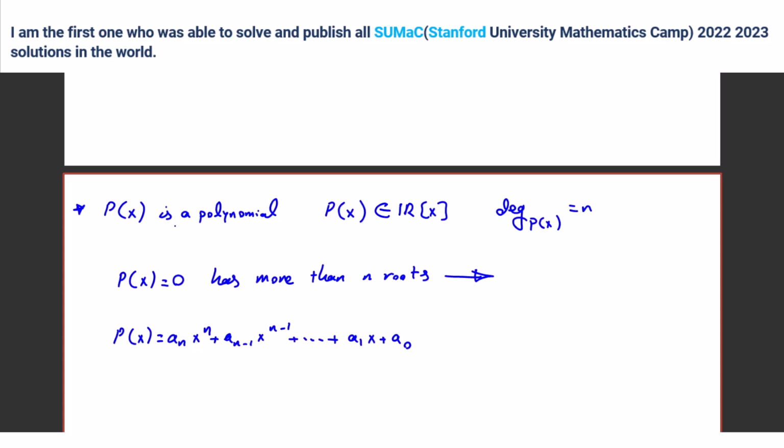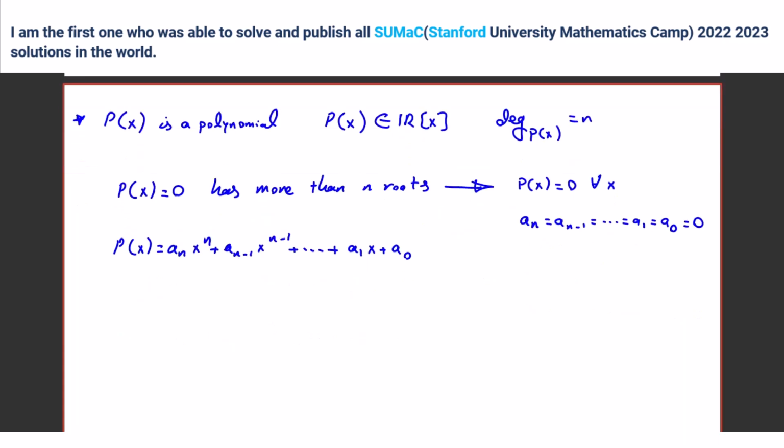It equals 0 for all x. Yes, p of x is 0 for all x, and also all coefficients are 0. So a polynomial with degree n can't have more than n roots, right?